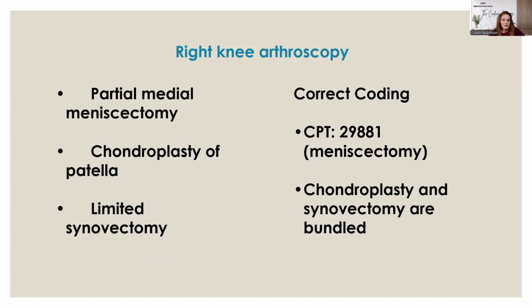Right knee arthroscopy, partial medial meniscectomy, chondroplasty of the patella, and limited synovectomy. The correct coding would be CPT 29881, which is the meniscectomy code. The chondroplasty and synovectomy are bundled.